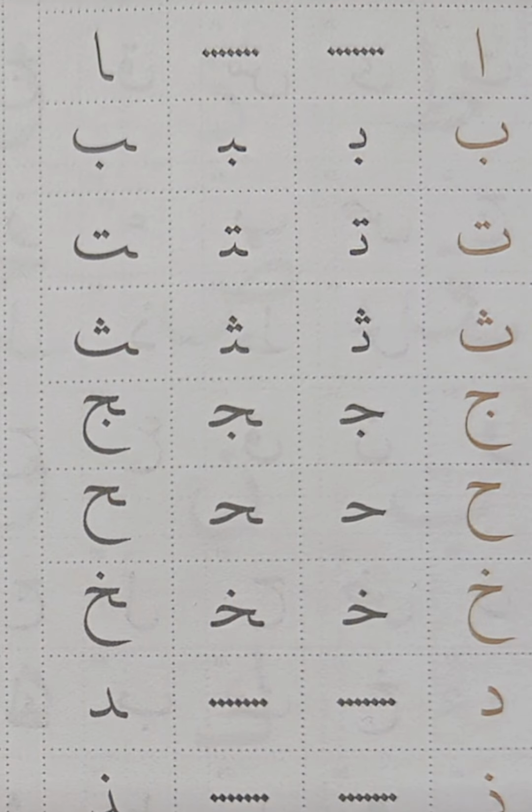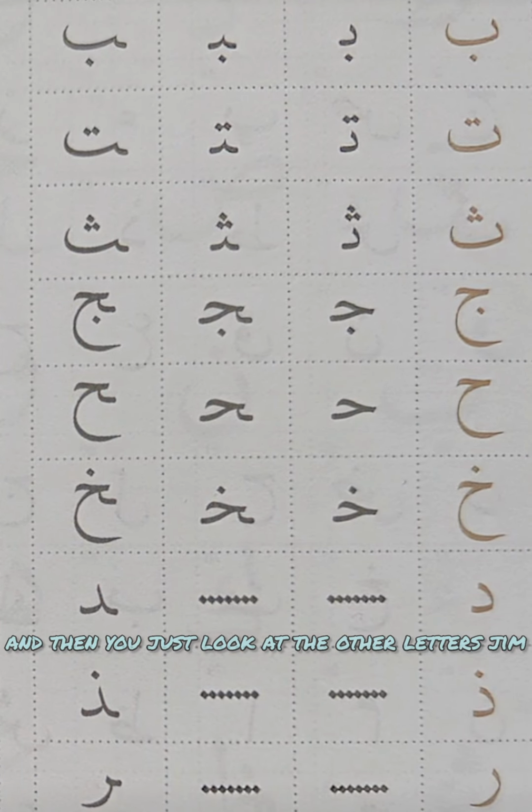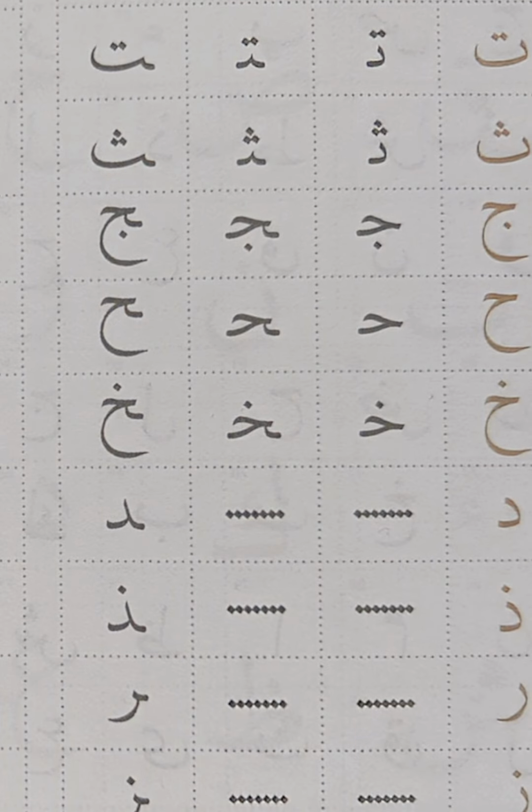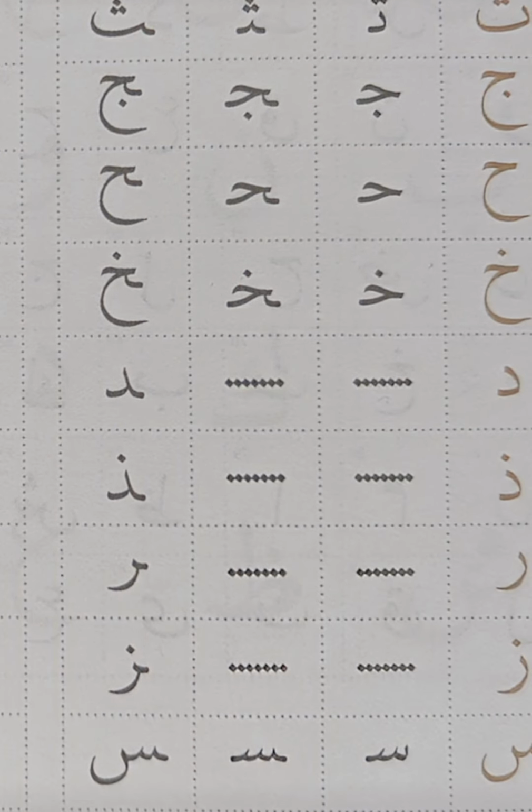Then you just look at the other letters, jim, how it looks in the middle and how it looks at the end. Ha is the same. What sets ha apart is that it doesn't have any dot on it. And then kho, what sets it apart is that the dot is on top.